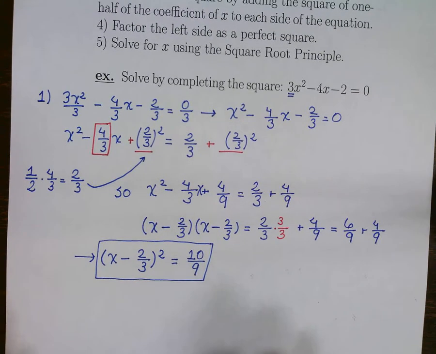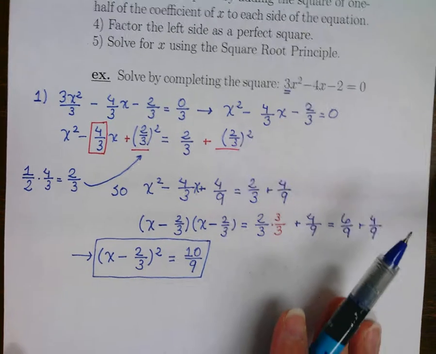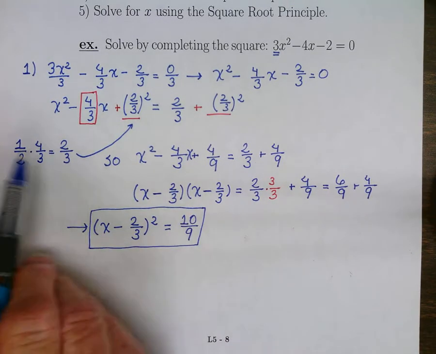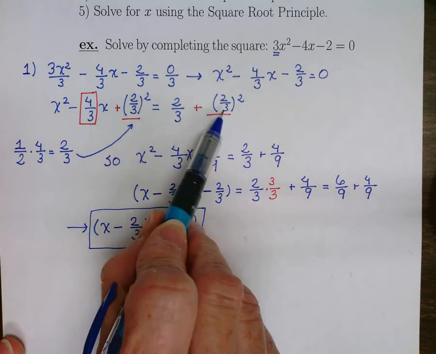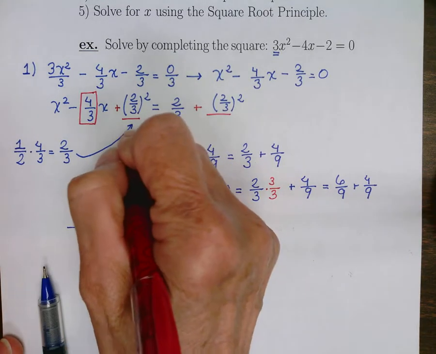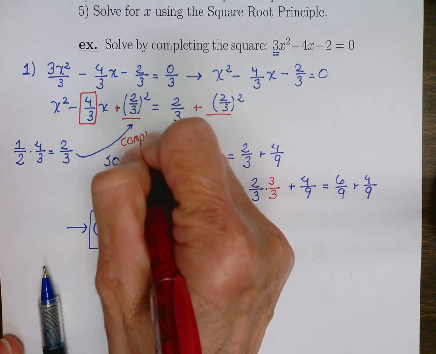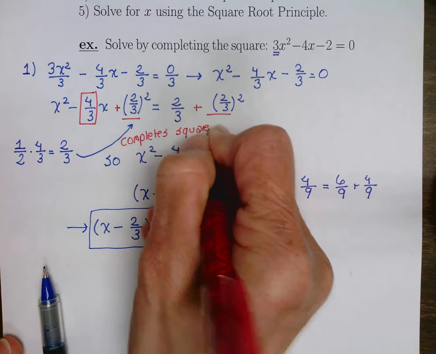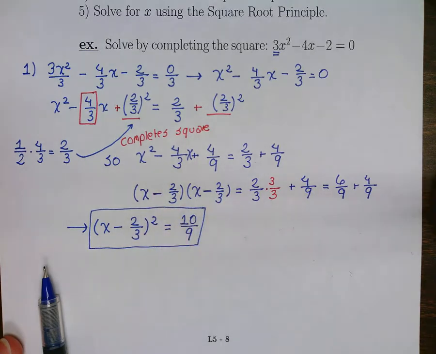Okay, is everyone clear on that? Please take time to review that and understand where that term came from, that 2/3 that we then squared and added to both sides. That's the key step. That's the step that actually completes the square so that I can factor.